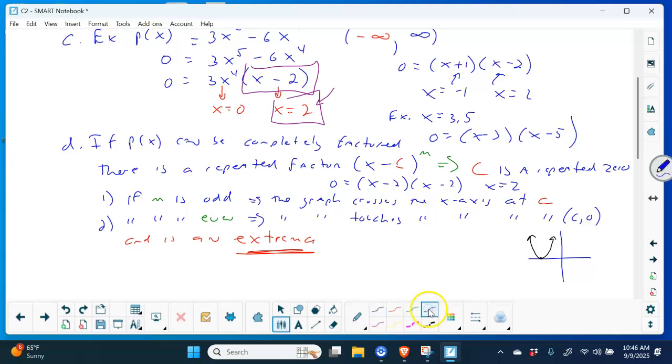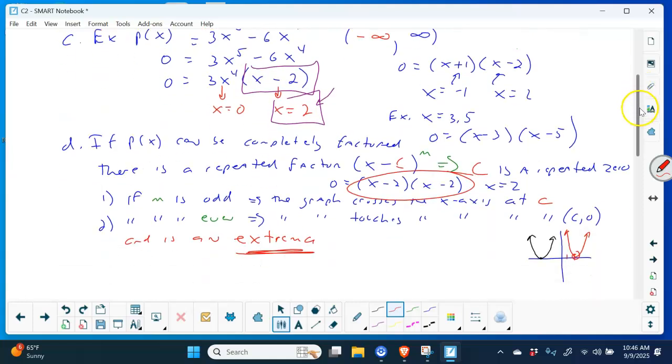Matter of fact, this one would look something like this, where the vertex is at 2. Does that make sense?